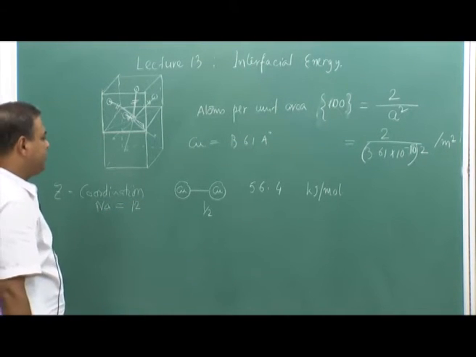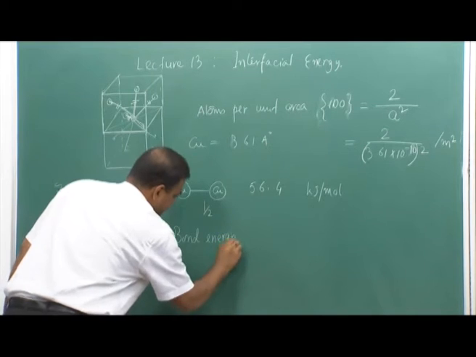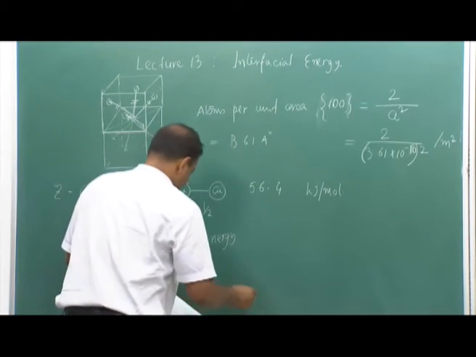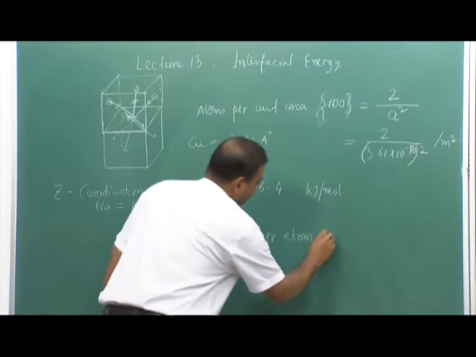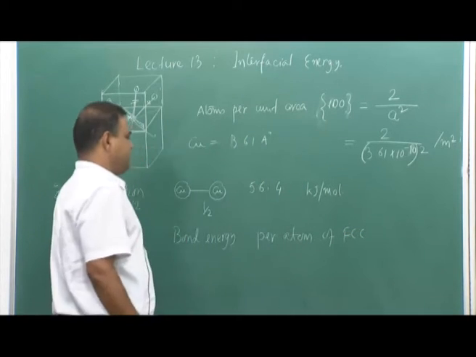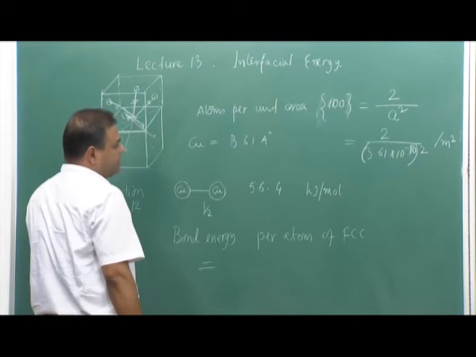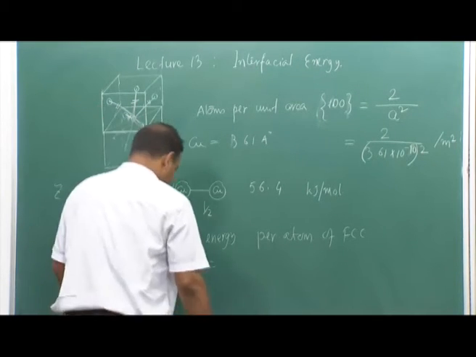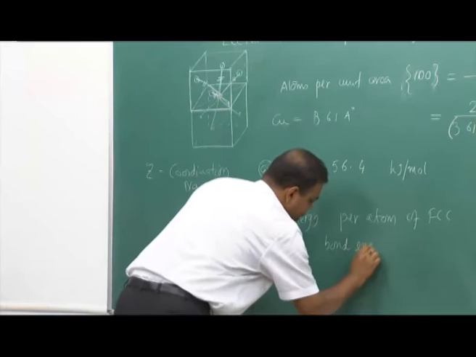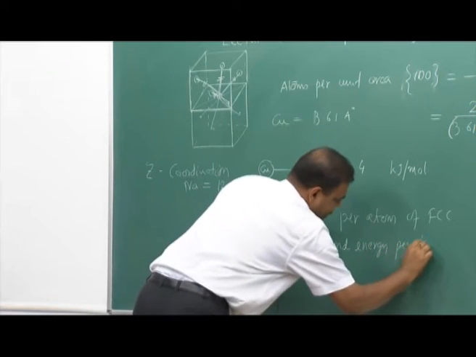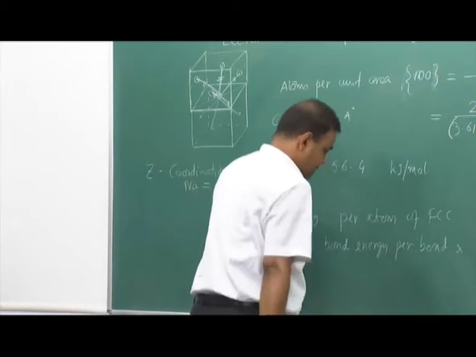Now, if we try to find the bond energy per atom of FCC, in kilojoule per mole, we have to find 2 things: one is the bond energy per bond, into the number of bonds per atom.